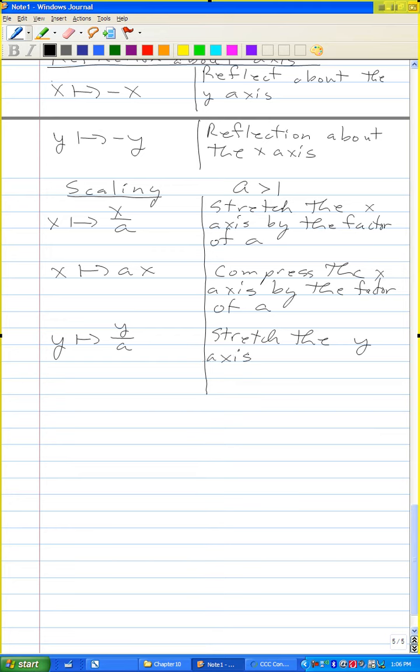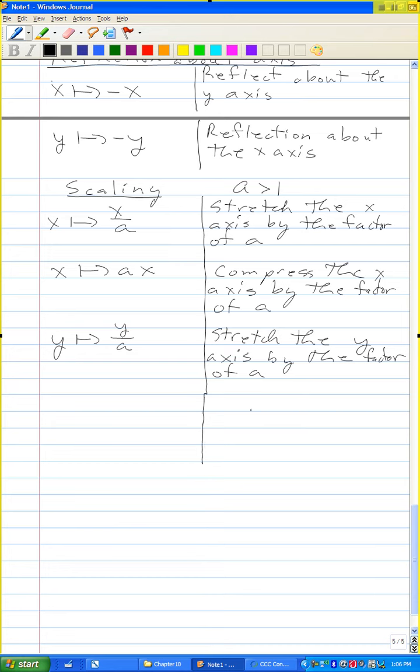So that means I look at the graph of y equal f of x, and then I take that graph and I stretch the y-axis, and then that deformation of the graph of y equaling f of x will be the graph of y over a equaling f of x. So stretch the y-axis by a factor of a.